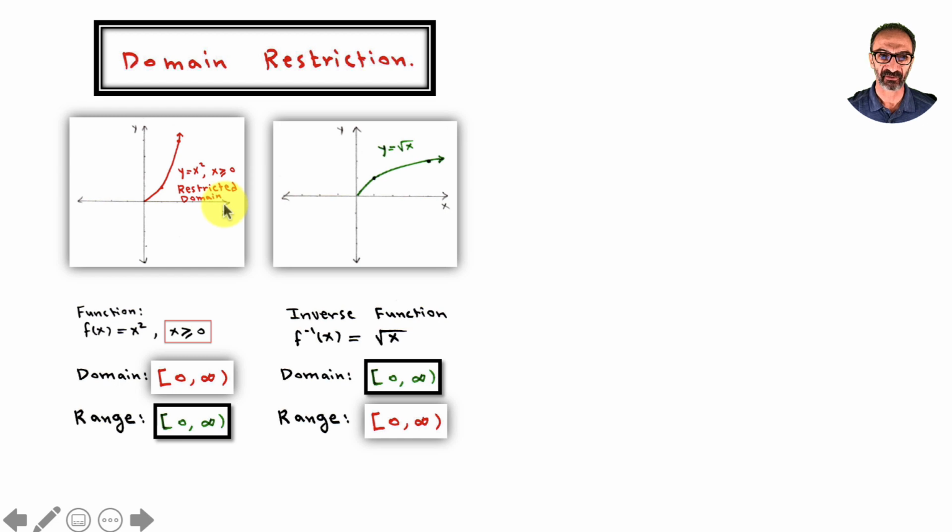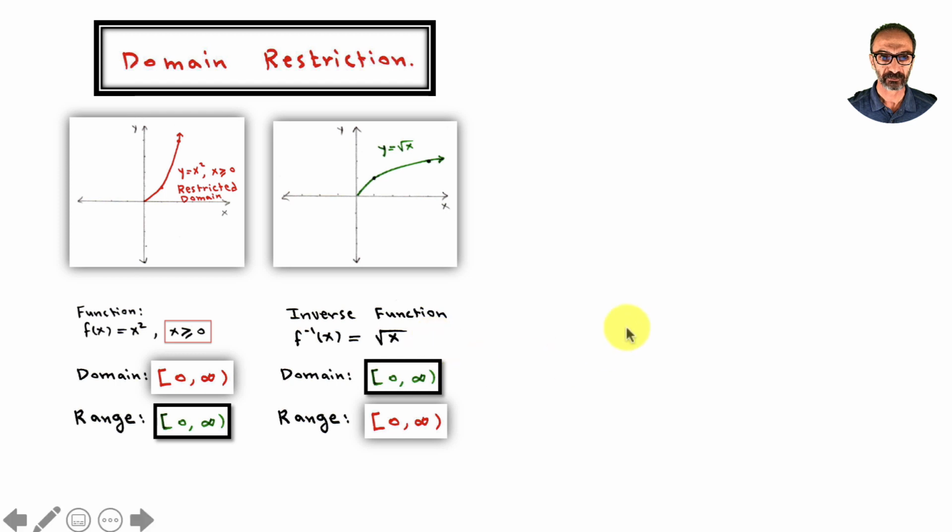Later on we're going to have an example that starts at 4 or negative 4 or negative 2, so we'll see the difference. But one more time, the domain of the function is the range of the inverse, and the range of the function is the domain of the inverse, because our inputs become our outputs and our outputs become our inputs.